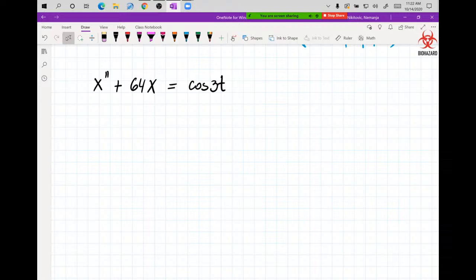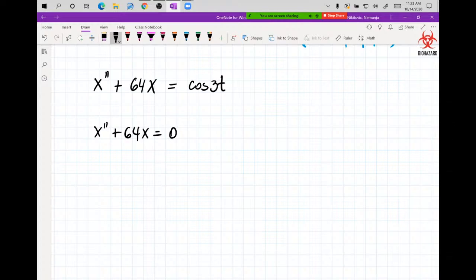Your job is to solve this first, and you will deal with that as x double prime plus 64x is equal to 0. So that's your life.